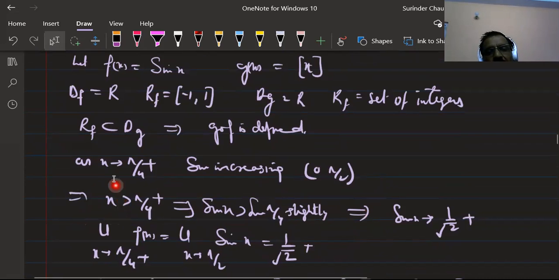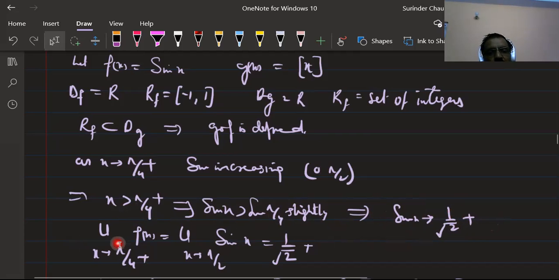When x approaches pi by 4 from positive, it means x is greater than pi by 4, which implies sin x is slightly greater than sin pi by 4. As x approaches pi by 4 from positive, sin x will approach 1 by root 2 from positive.